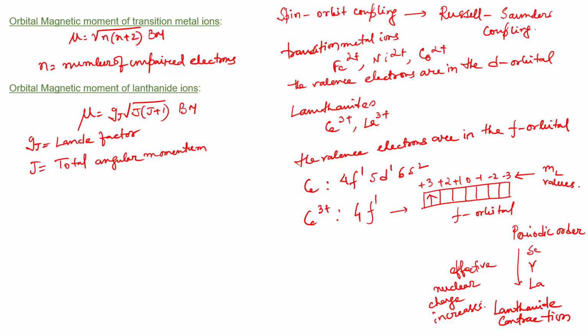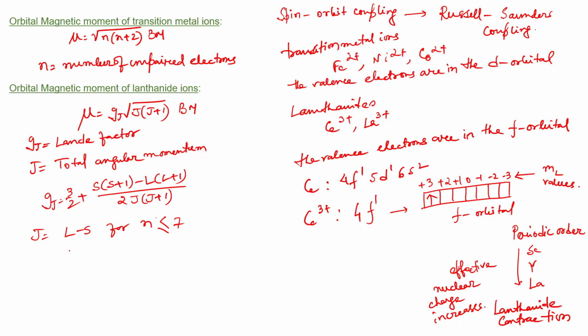Now, coming to the formula of lanthanides. Gj equals 3 by 2 plus S into S plus 1 minus L into L plus 1 by 2 into J plus 1. J equals L minus S for n less than or equal to 7 and L plus S for n greater than 7.